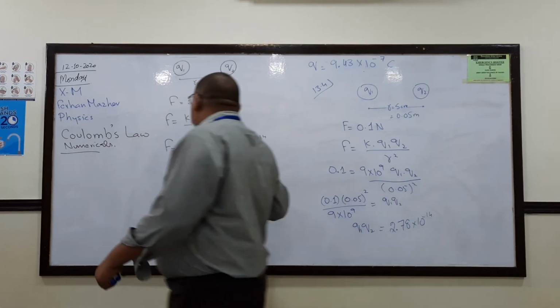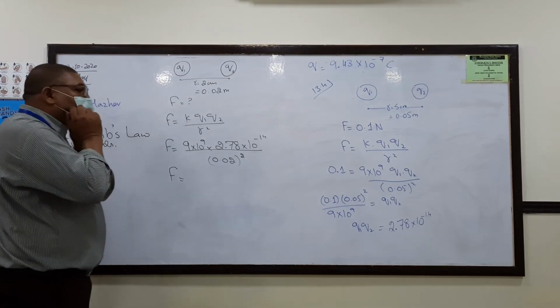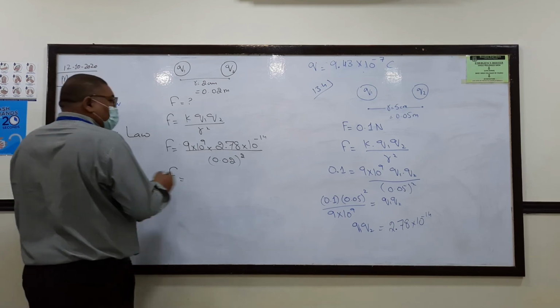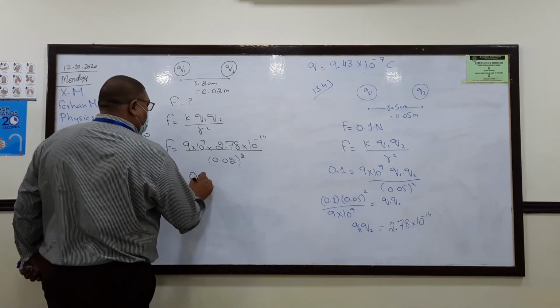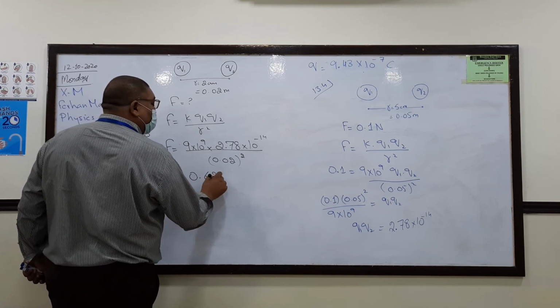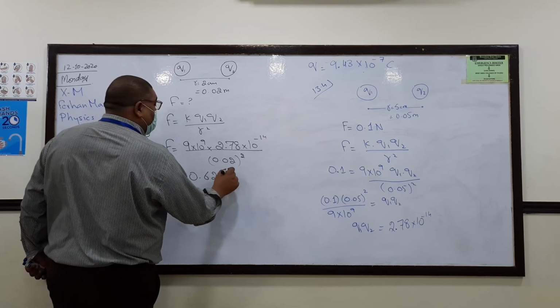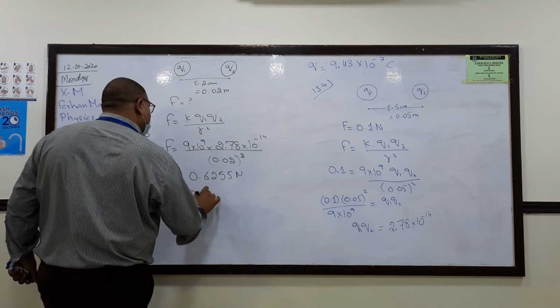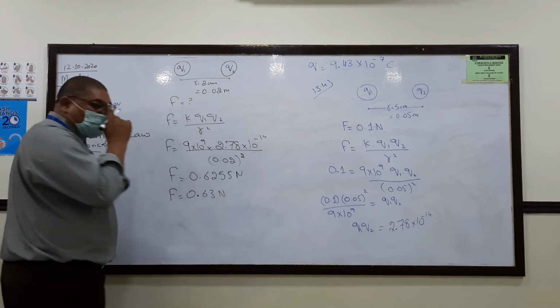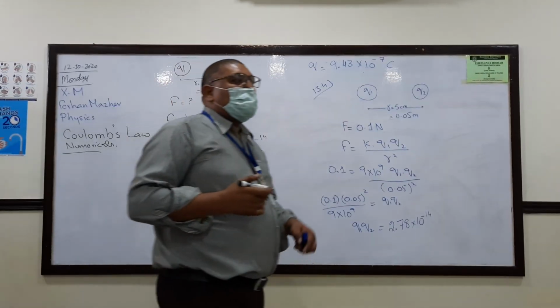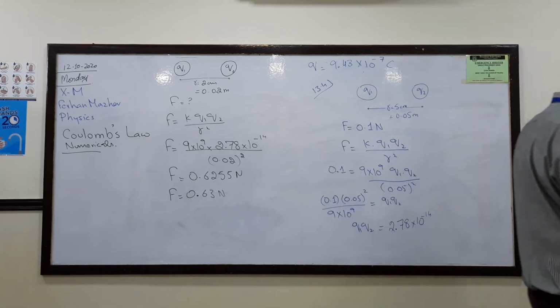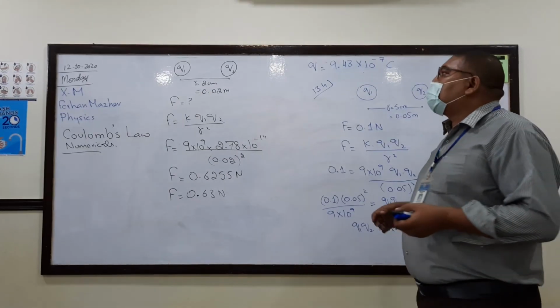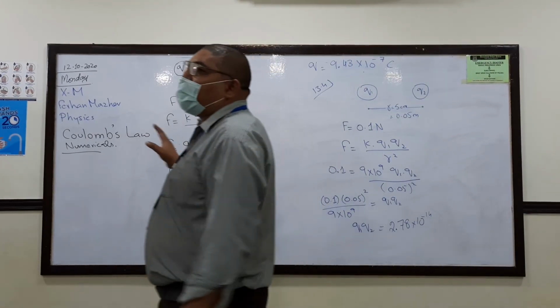What is the answer? 0.6255 Newton. So the final answer will be 0.63 Newton. What's the answer in your book? 0.63. Do you understand this? Yes. So this was numerical number 13.4.